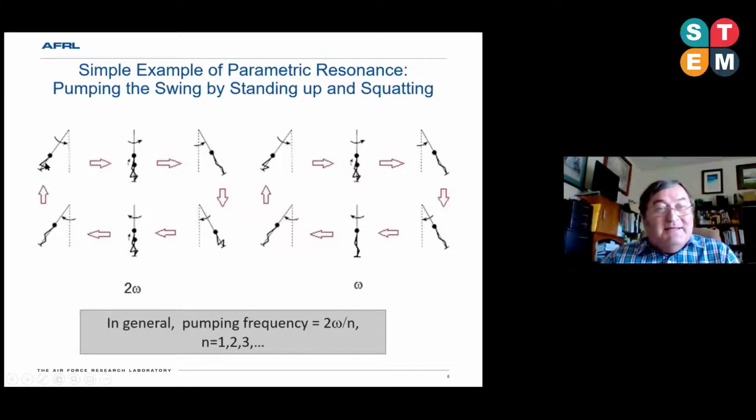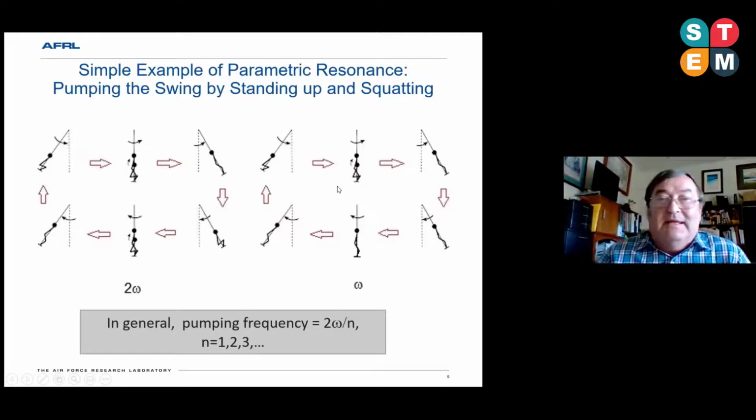In this sequence, the kid is squatting, then standing, and again squatting and standing. So the kid here works with doubled frequency, and the doubled frequency excites the frequency of this swing.